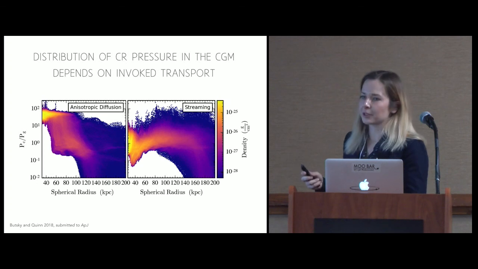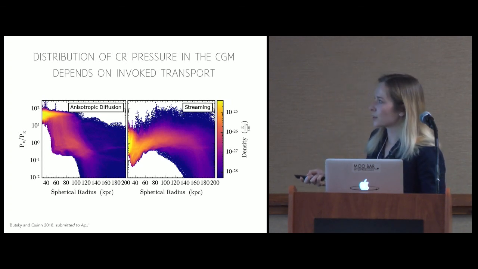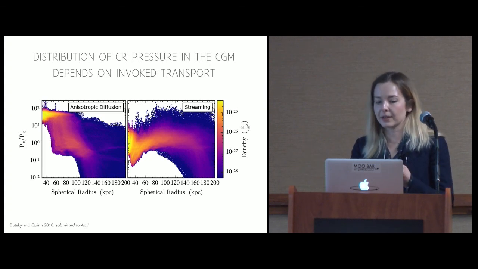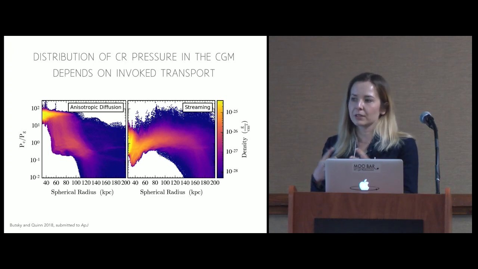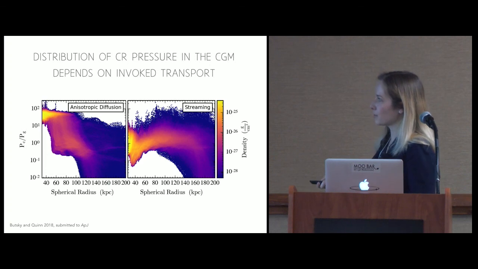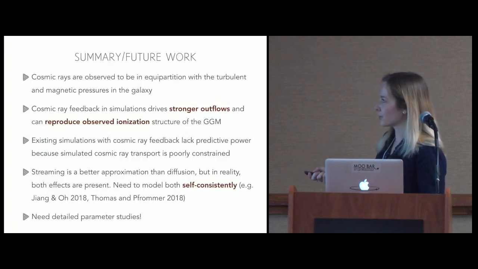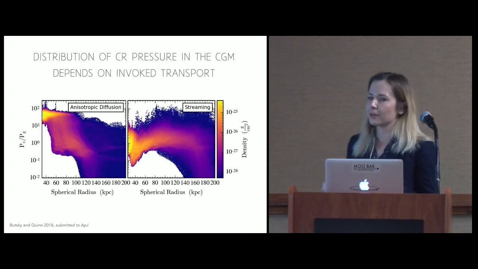And the color of the pixels is the density of the gas. So in the diffusion model, cosmic ray pressure dominates near the center of the galaxy and at high gas densities, which is kind of what we saw with the temperature and oxygen-6 distribution. Whereas in the streaming model, the cosmic ray pressure dominates at larger radii and at lower gas densities.